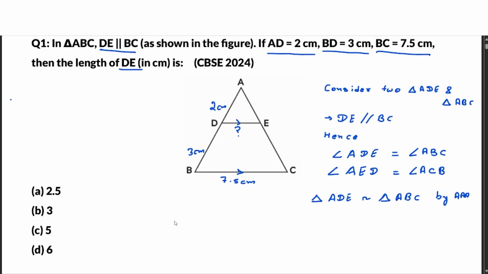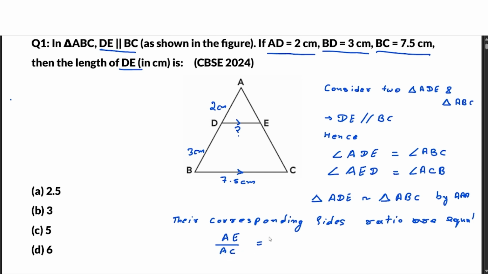So we can say AE over AC is equal to DE over BC, and is equal to AD over AB.